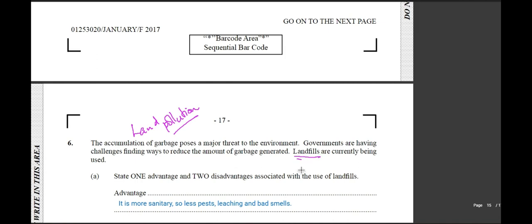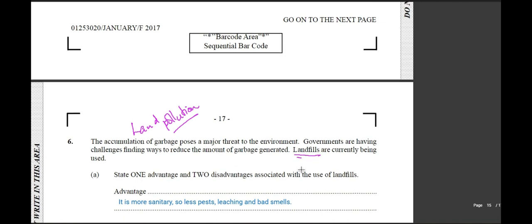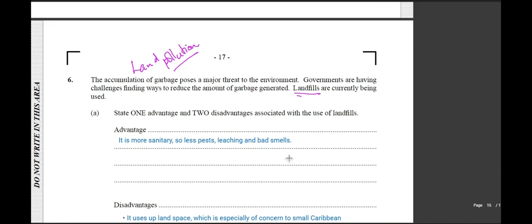Landfills are currently being used. So state one advantage and two disadvantages associated with landfills. Now, when they say landfills, we're talking about your sanitary landfills, not a dump. All right, so a sanitary landfill.